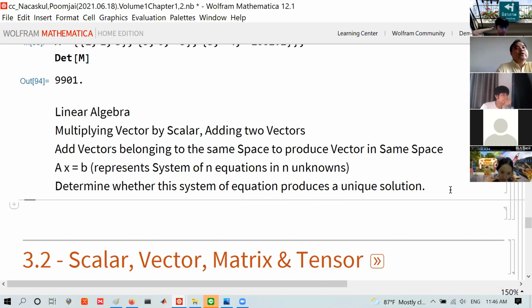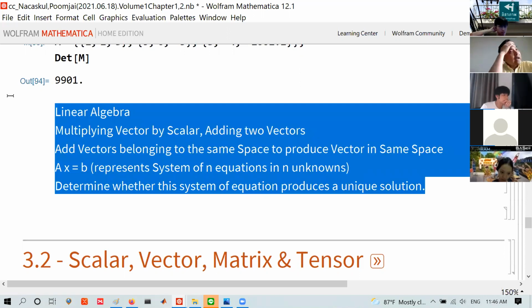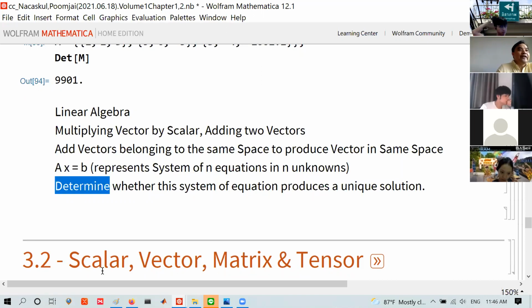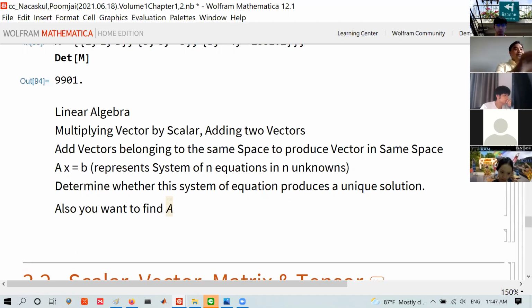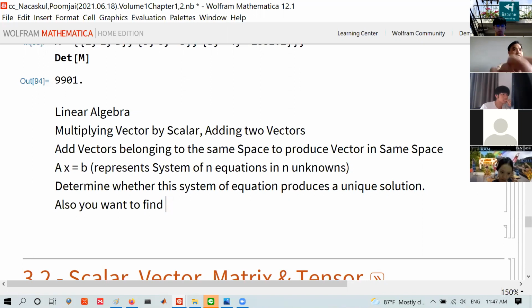Now we're going to do quite a bit with this when you go to Chris's class, because now the mechanism of producing this. And also you want to find the inverse.